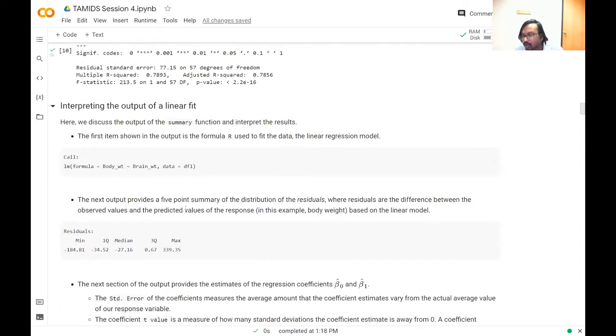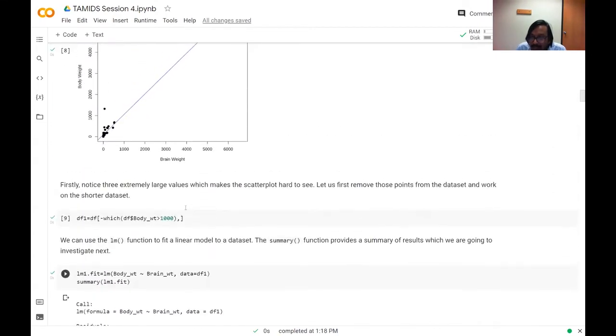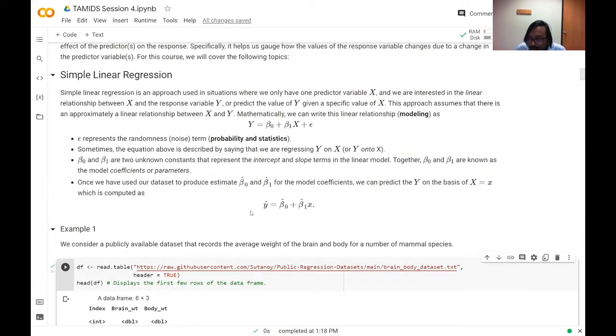Remember that the concept of residuals comes from the fact that we are trying to predict the response given the predictors. If we go back to the linear model, at the end of the day we are going to have a guess of the intercept term and a guess of the slope term.